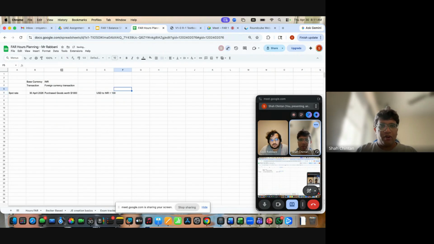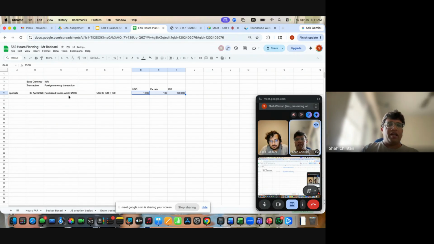So my purchase price in USD was 1,000, my exchange rate was 100, and my INR amount was 1,000 into 100, which comes to 1 lakh.